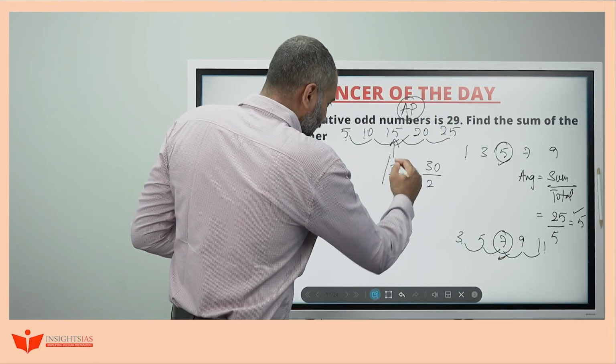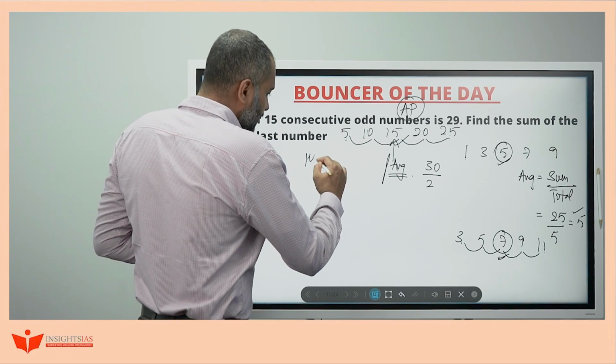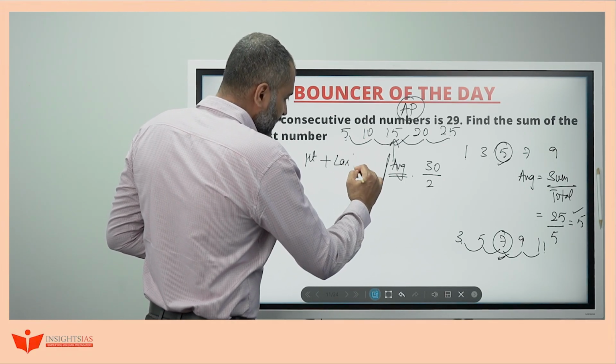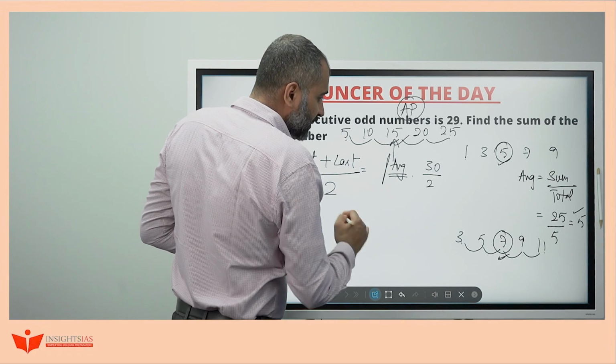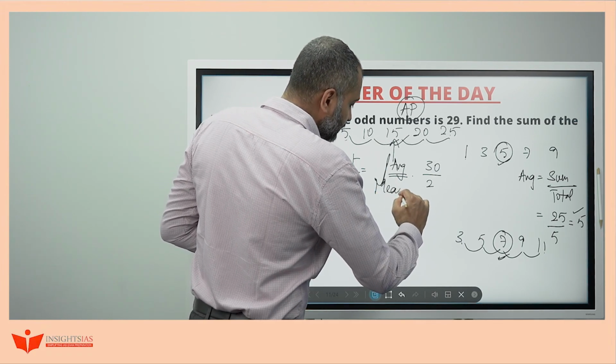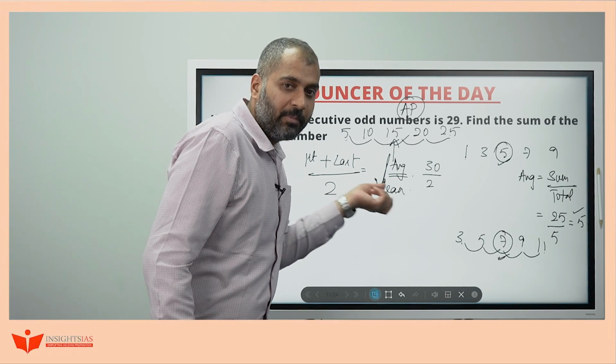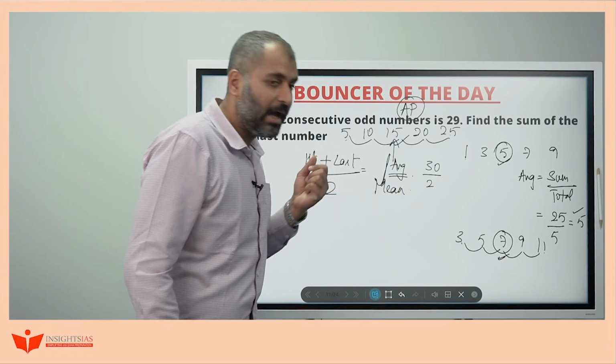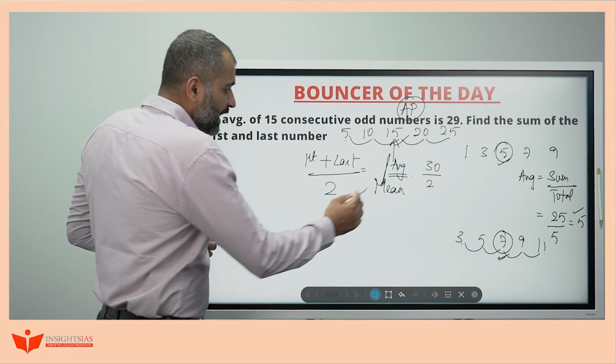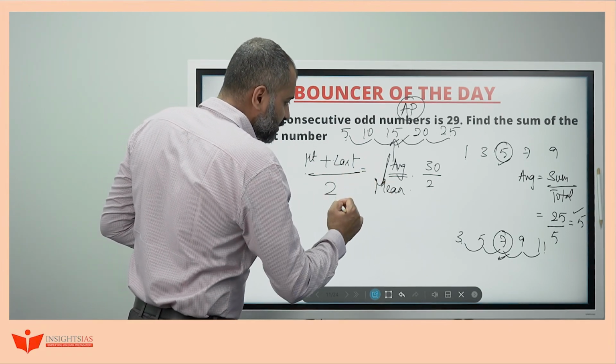So, the average can also be found by the sum of first plus last by 2. This can also be called the mean. Always the mean lies between the minimum and the maximum. So, how to find the average here? Sum of first plus last by 2.